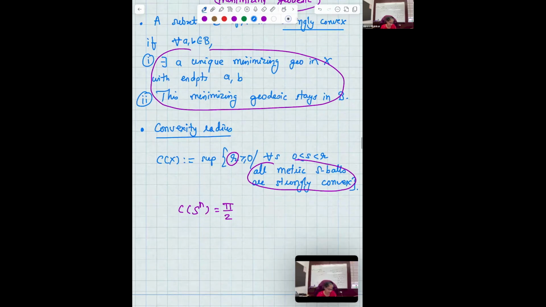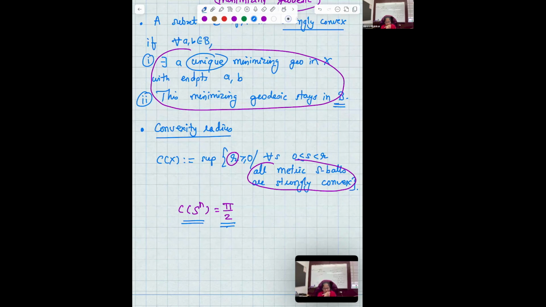If you take Sn, the convexity radius would be pi over 2, because if you go beyond pi over 2, there would be a minimizing geodesic which wouldn't stay inside the ball. First of all it has to be unique, and then it has to stay inside the ball.